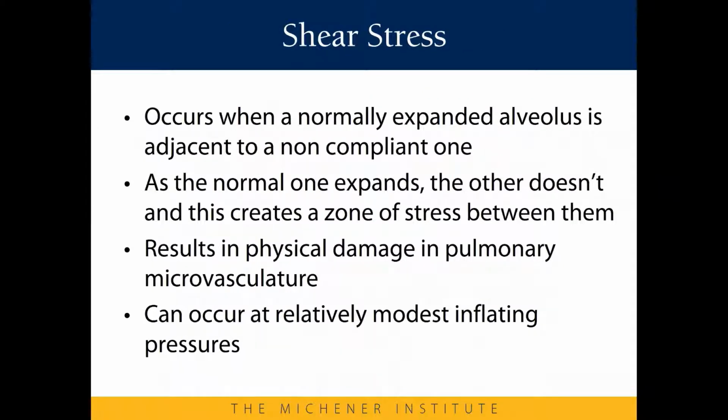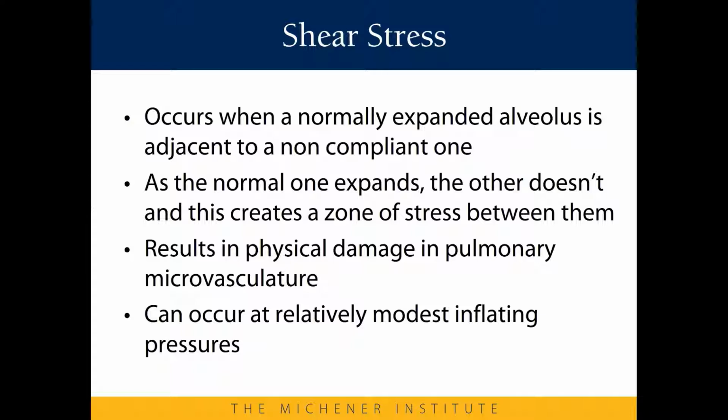So shear stress, as I said, as the alveoli opens and closes, we want to try and keep it expanded and not have it collapse. And as I touched on earlier, we have areas of lung that could have a normally compliant alveoli next to an area which is diseased or less compliant.